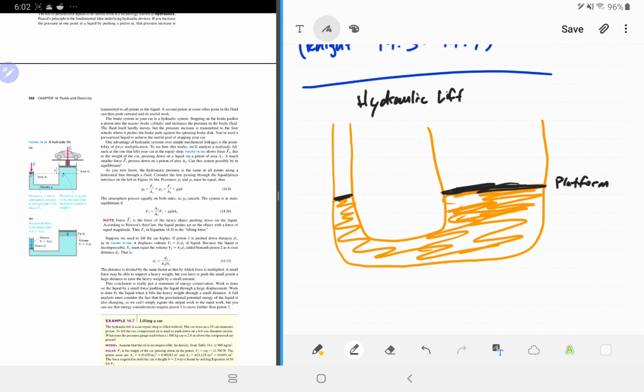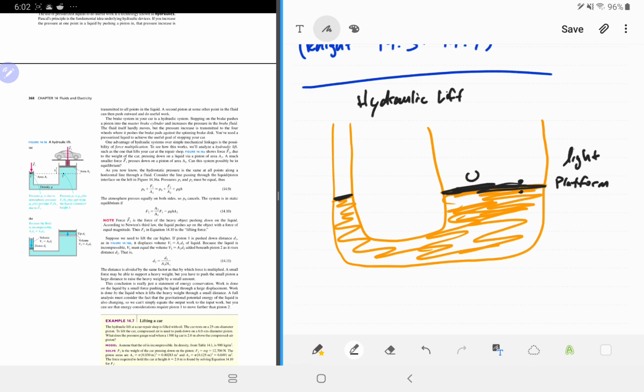These things are open to the atmosphere. We're going to imagine it's a light but very rigid platform. By light platform, I mean the pressure here is equal to the pressure right above the platform, which is open to atmospheric pressure. So without anything on the platforms, the big one or the little one, we're at 1 atmosphere of pressure at both of those 2 points.